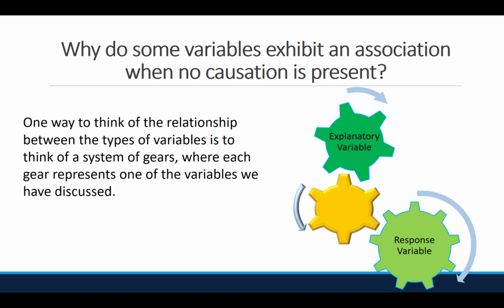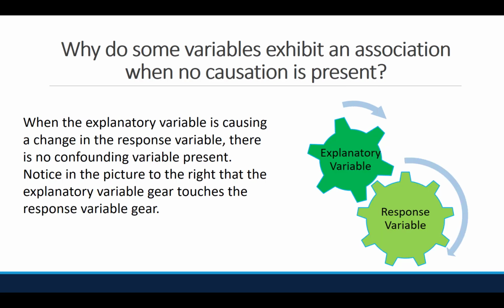In either case, the explanatory gear is not solely responsible for the response gear turning. When the explanatory variable is causing a change in the response variable, there is no confounding variable present. Notice in the picture that the explanatory gear touches the response variable gear.